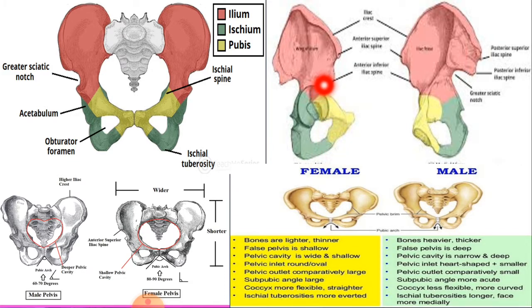Now we will talk about the hip bone, and you can see this upper flattened part of the ilium bone, and this is called the iliac crest. This upper flattened part is called the iliac crest.